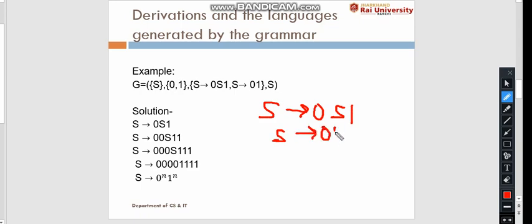So the basic string which is produced by the given grammar is S produces 01. Now we cannot derive anything more from this production.